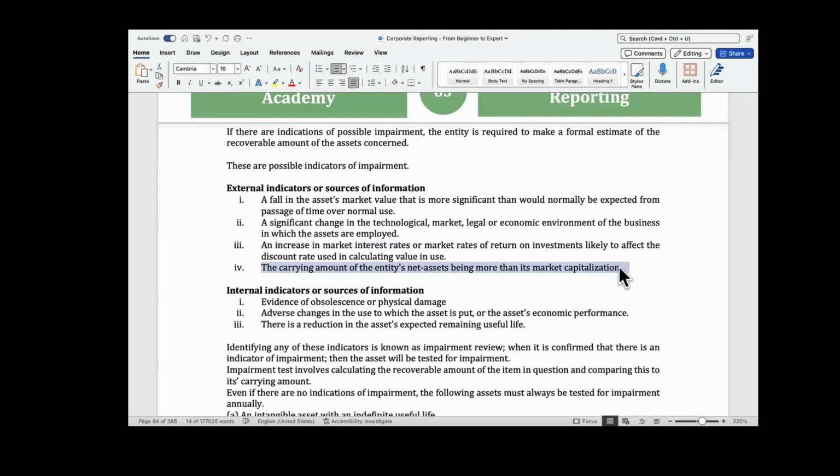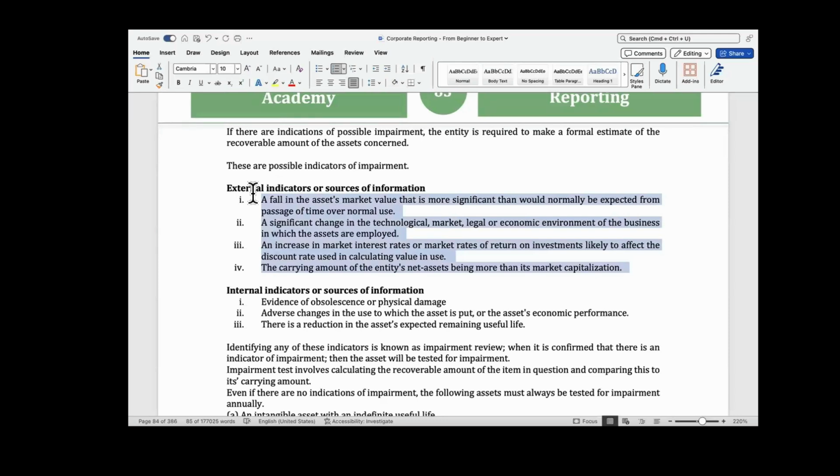Their market capitalization, which is their share price multiplied by the total number of shares they have on that stock market, if it is lower than the book value of its net assets, that is, if the carrying amount of the entity's net assets is higher than its market capitalization, then there is high likelihood that the asset might have been impaired. So these are external indicators of impairment.